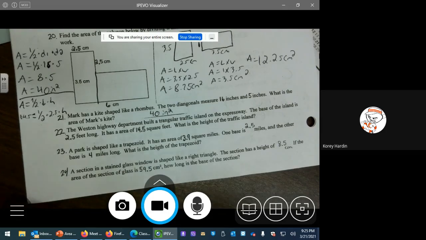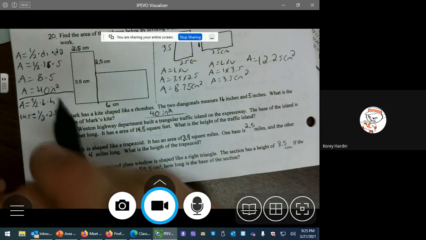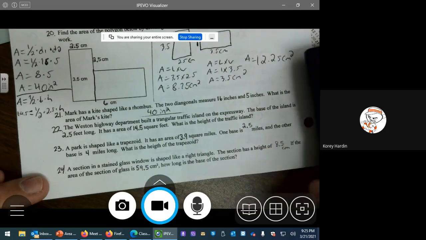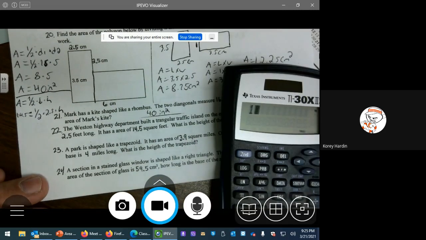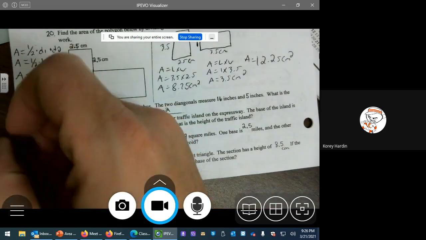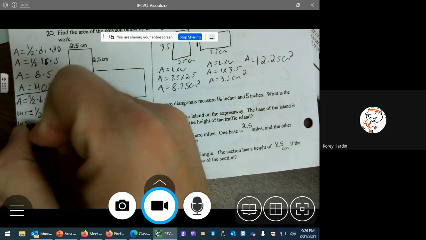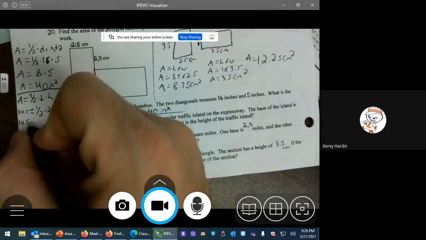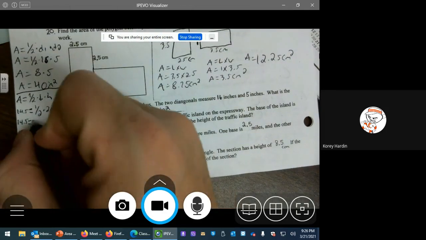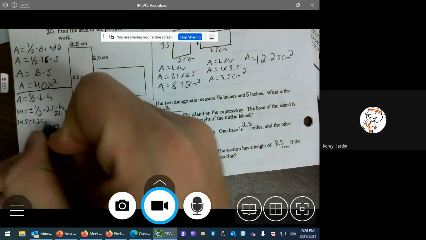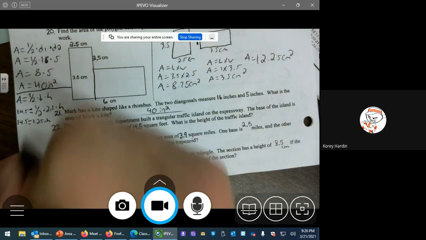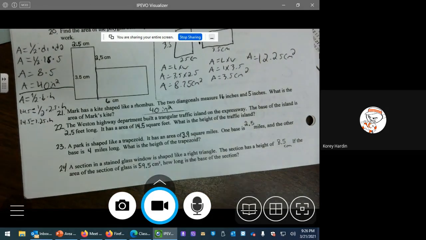So the way I answer that is I combine my terms right here with 1/2 and 2.5. So I'm going to go ahead and do that. 2.5 times 0.5 is going to give me 1.25. So that's 14.5 equals 1.25 times h. Okay, 1.25 times h.